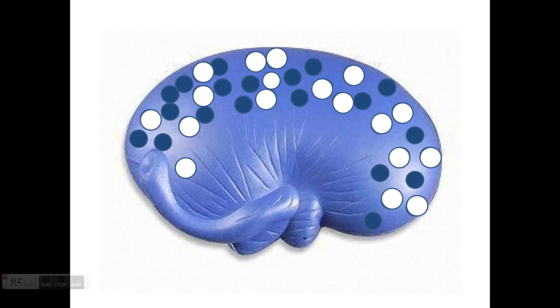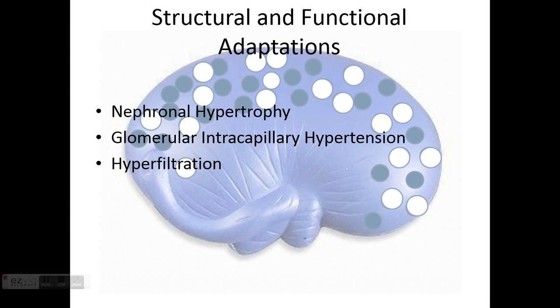To do that, they will also develop intracapillary hypertension. So you will actually push harder through surviving nephrons, so you can actually filter more and compensate for the nephronal loss elsewhere. So these surviving nephrons will really work very hard, and some of them will get injured in that process.